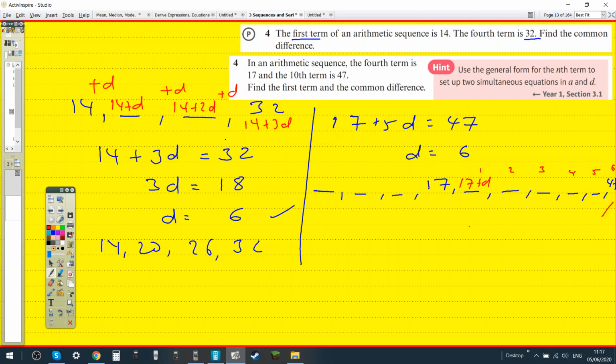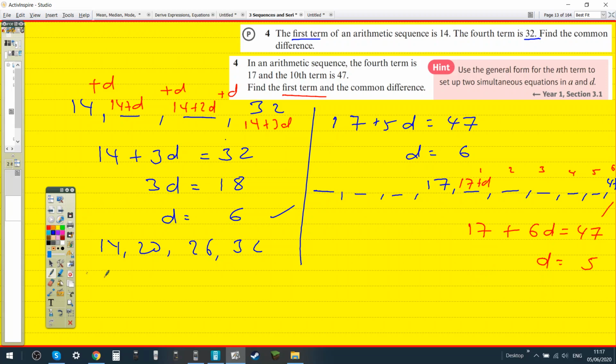So that is 17 plus 6D is 47, so you're dividing by 6. I got common difference is 5. And what is the first term? It says find the first term.